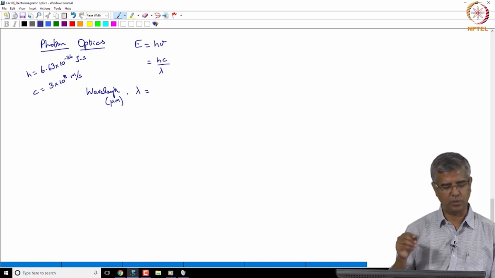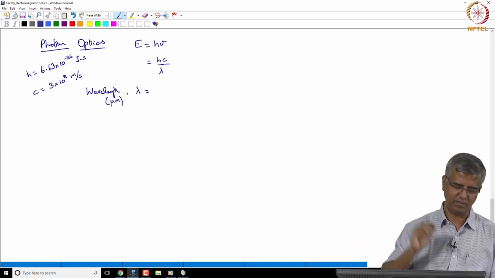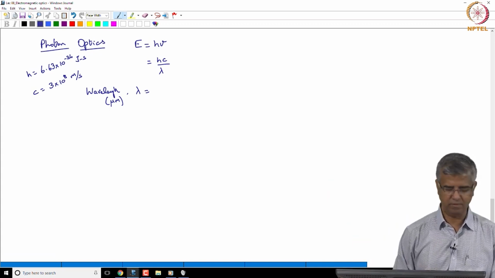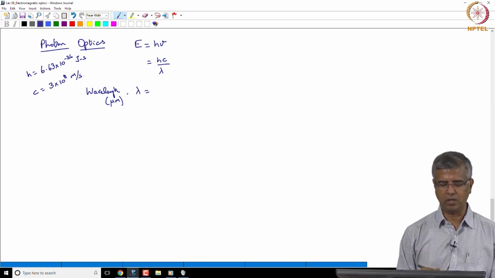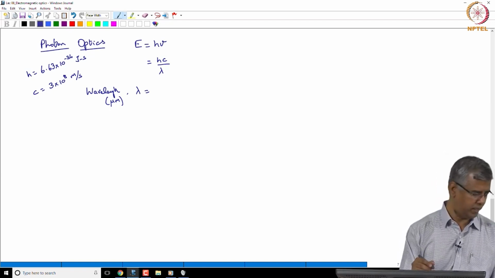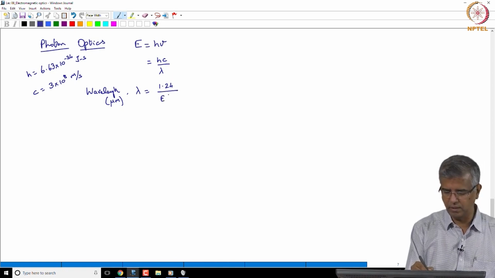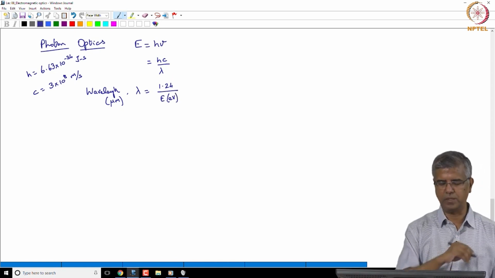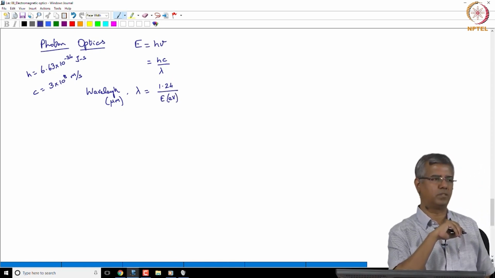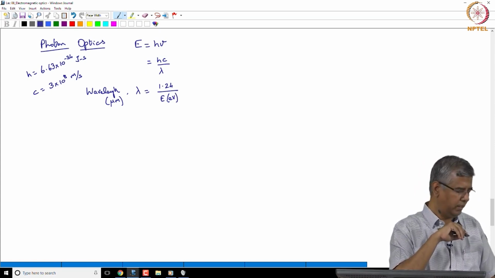The actual value is 2.99998 something, okay, but we approximated 3 into 10 power 8. So since those are constants, lambda can be expressed as 1.24 over the energy, when the energy is expressed in electron volts. Okay.